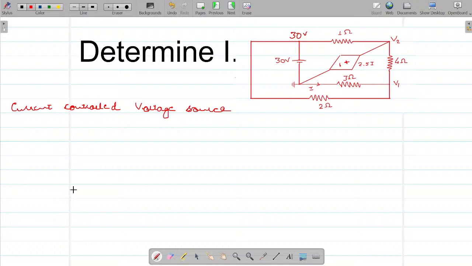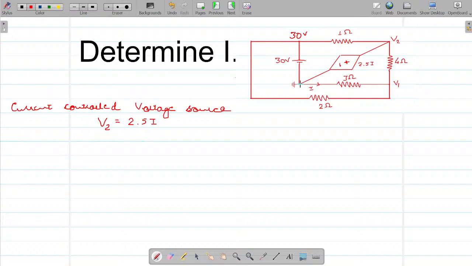Now looking at the question, tell me what is the value of V2? See, can I write V2 to be equal to 2.5 times I?